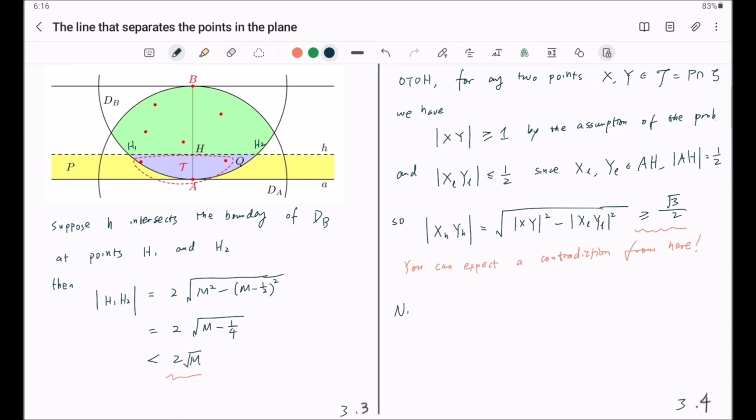Now consider T sub H, the projection of T onto the line H. Now since the length of line segment XH, YH is greater or equal to root of 3 divided by 2 for any 2 different points x, y in T, no 2 points in T could be projected to the same point in H in particular.